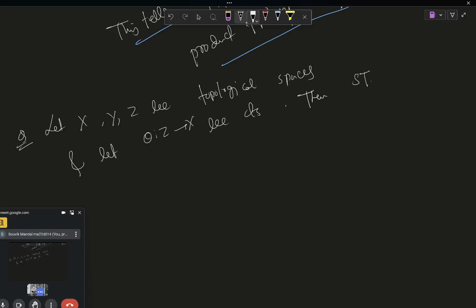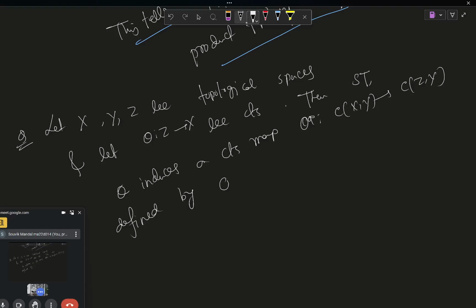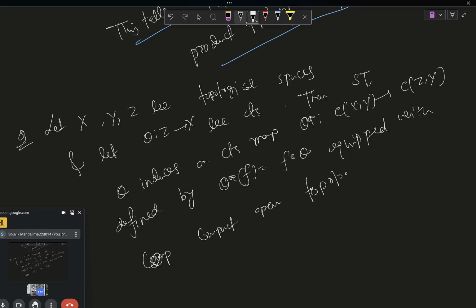Then show that theta star from C(X,Y) to C(Z,Y), defined by theta star of f equal to f composed with theta, is continuous, with both spaces having the compact-open topology.